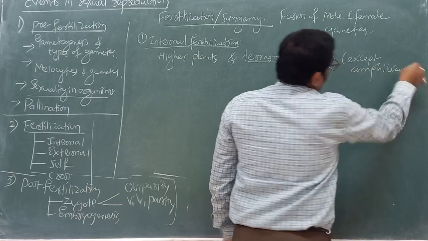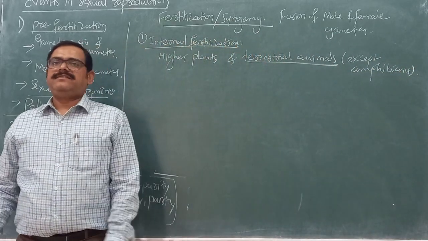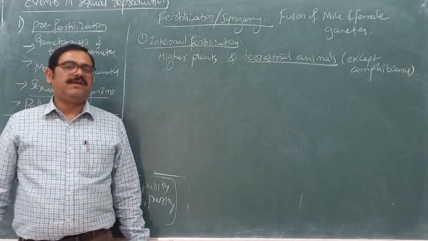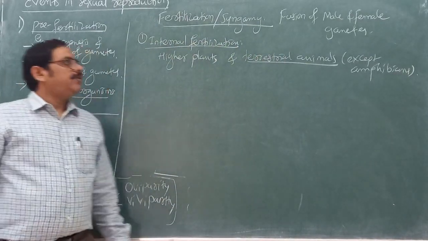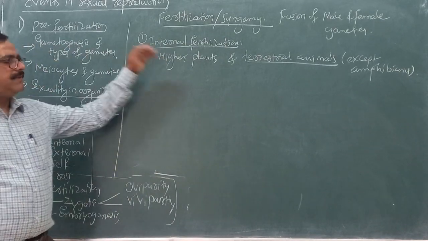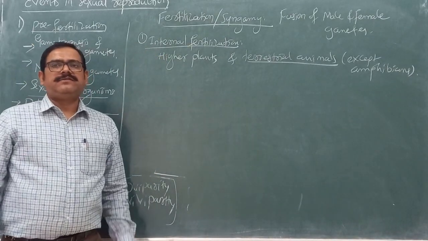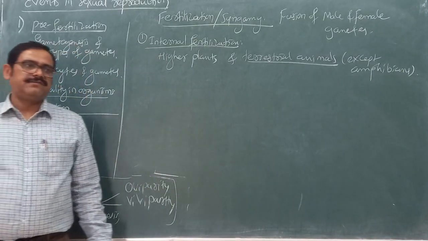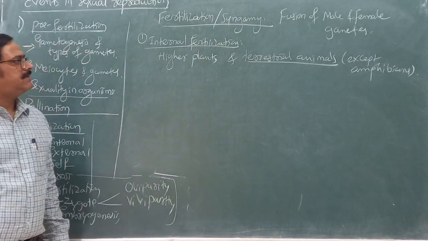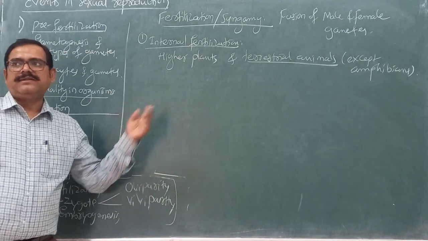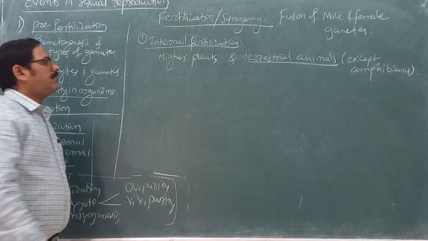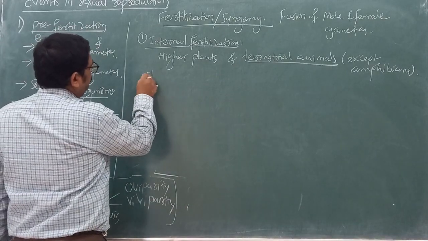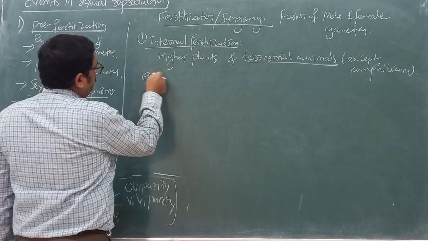What do amphibians do? During the breeding season, they go to the water and release their gametes there for external fertilization. Higher plants have flowers and a closed system. We call them cleistogamous flowers, where fertilization happens inside the flower only.